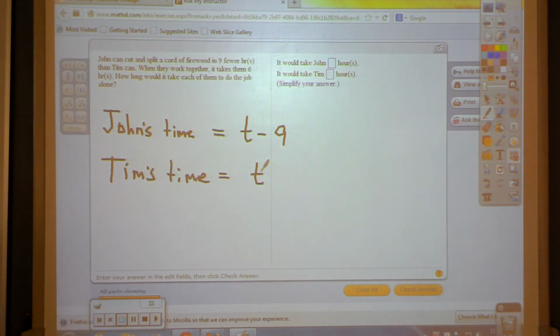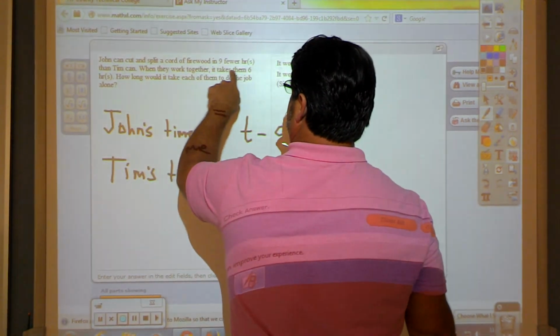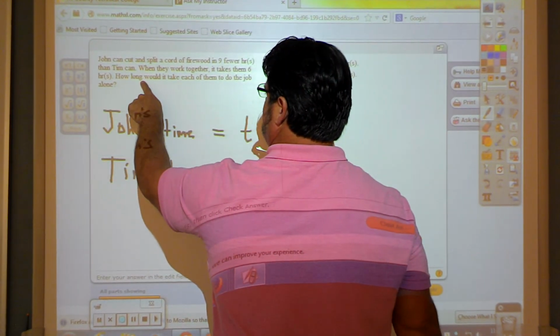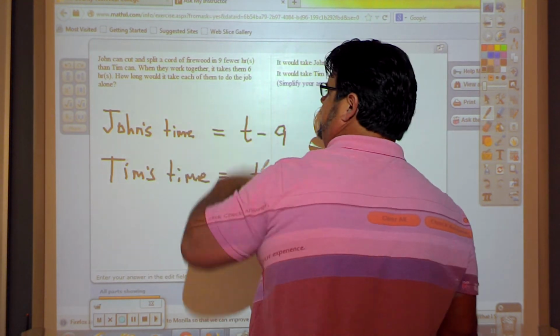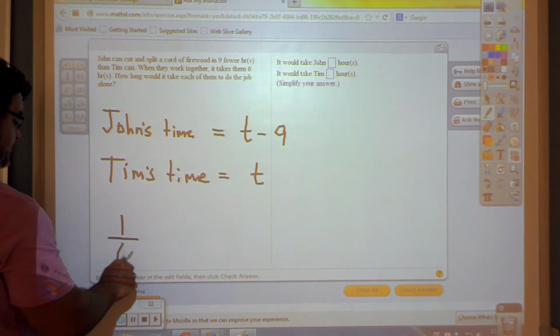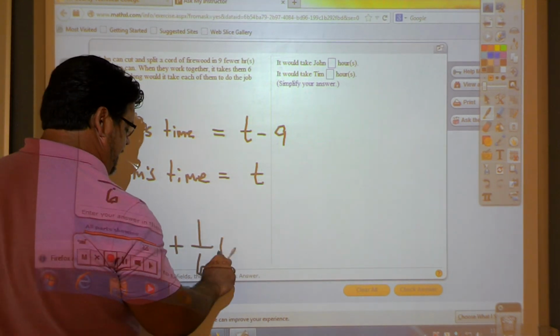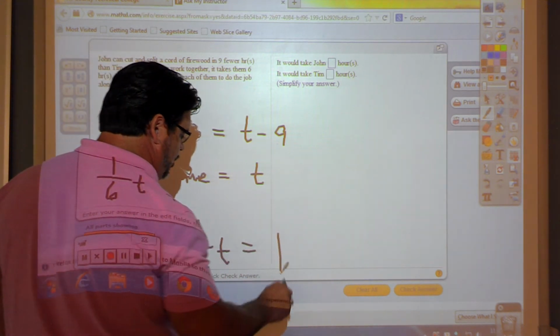Okay, what else do we have? 6 hours together. When they work together, it takes them 6 hours to do a job. So therefore, it would be 1/6 times the time plus 1/6 times the time is equal to 1.